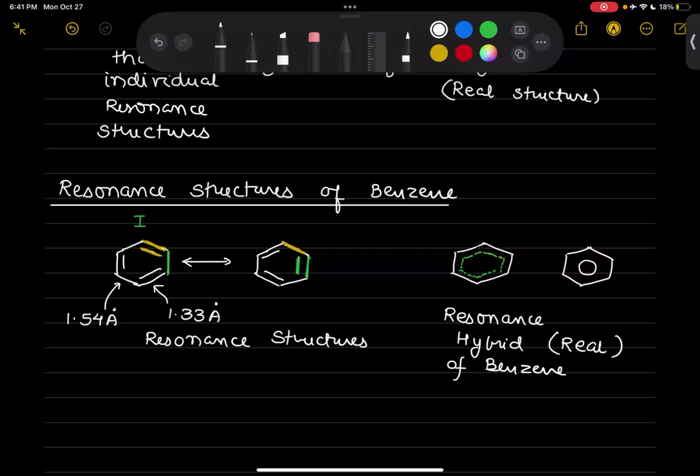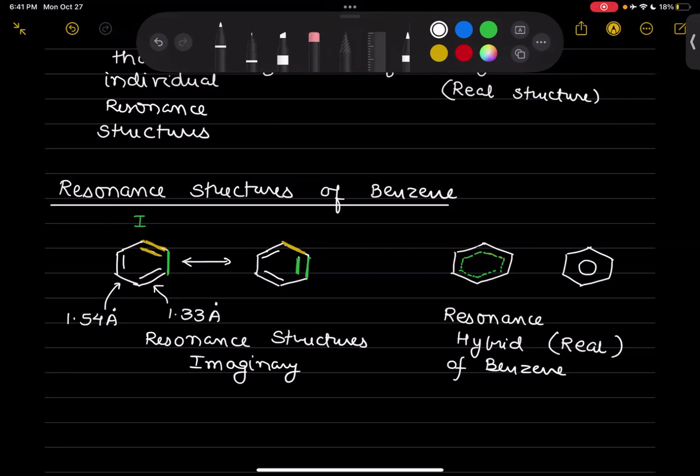Sir, so double bonds don't really exist? Pardon? If a double bond is isolated, it will continue to stay as a double bond. But if there is more than one double bond neighboring each other, double bond, single bond, double bond, there is conjugation.